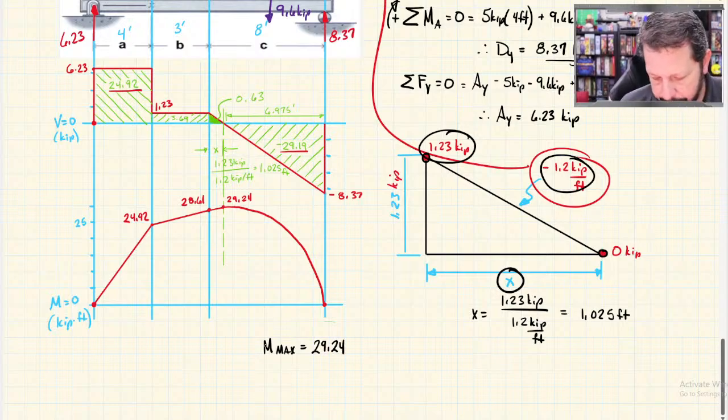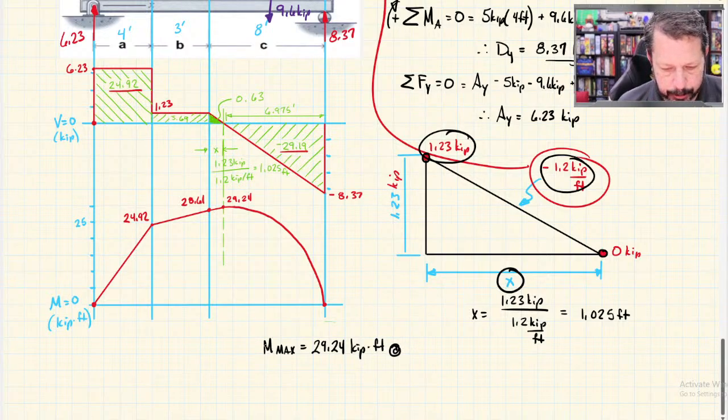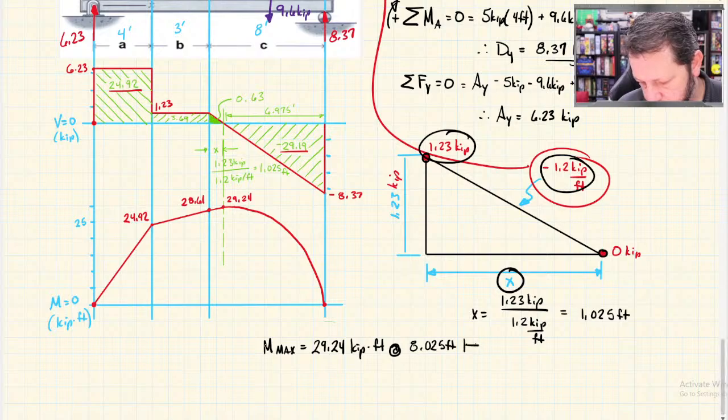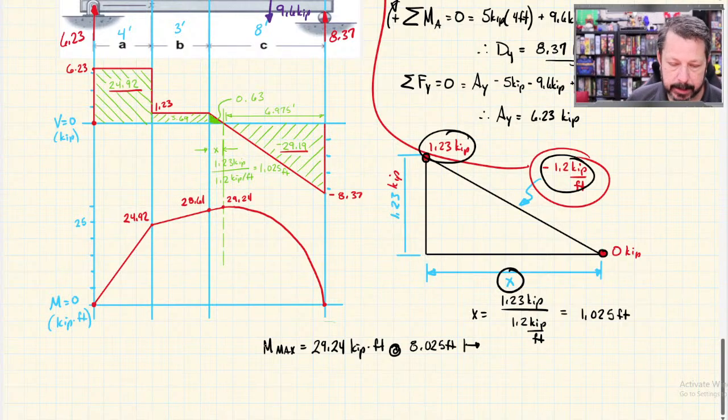Those units would be kip feet, and it would be at 4 plus 3 plus 1.025. Let me add all that. 8.025 feet from the left end. However you want to say that it's from the left end.